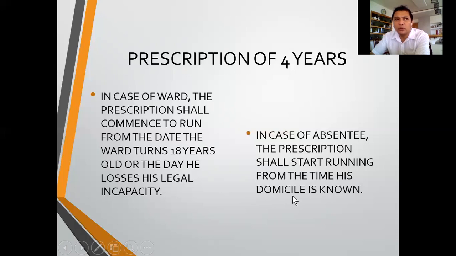This is normally where you go back to your hometown during fiesta. That is your domicile. So he has 4 years to file the recession when his domicile is known.